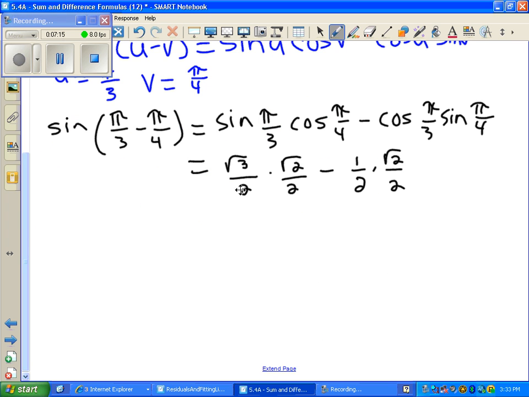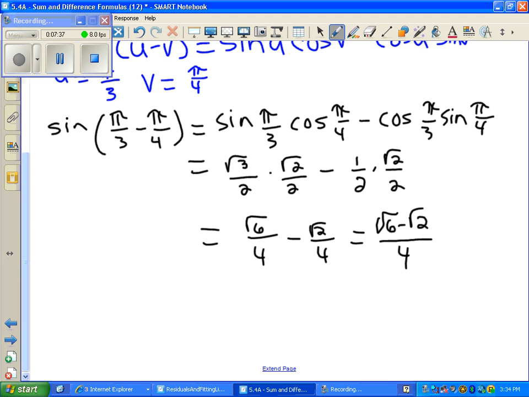And that's going to give me square root of 6 over 4 minus the square root of 2 over 4. And if I write that as one fraction, square root of 6 minus the square root of 2, I cannot combine those. You are subtracting, over 4.